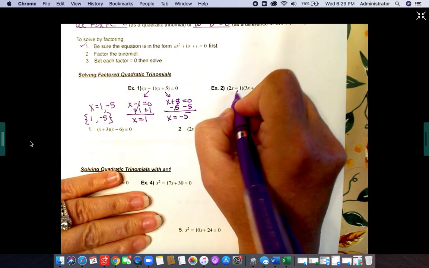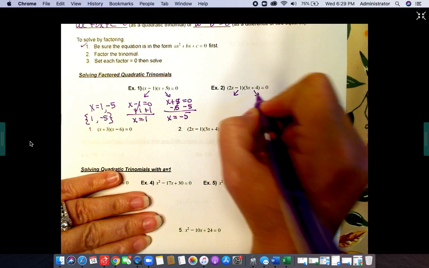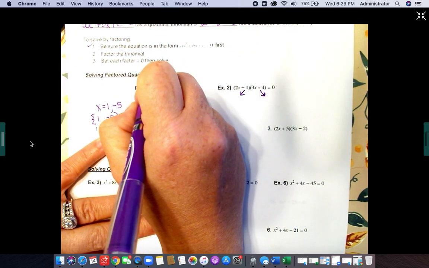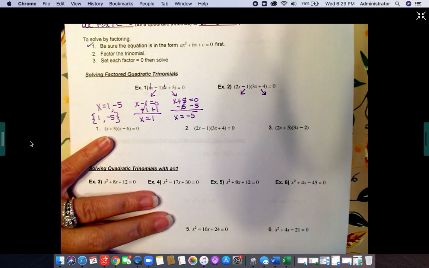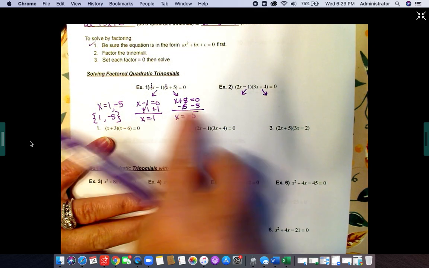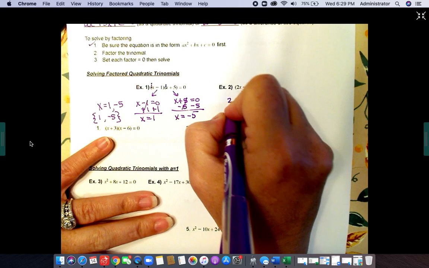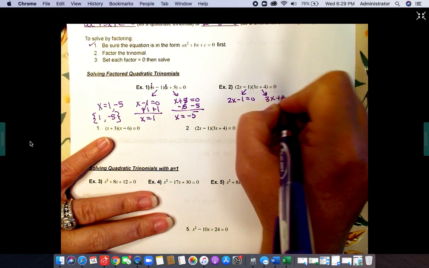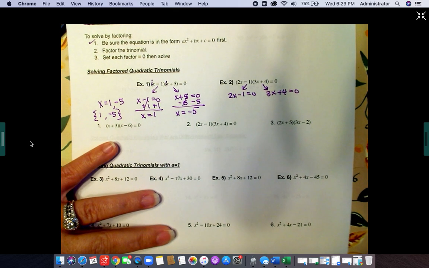We're going to do this one now, which looks different because here the coefficients of x were 1, so these ended up being one-step equations. With these, when coefficients are not equal to 1, it creates a two-step equation.